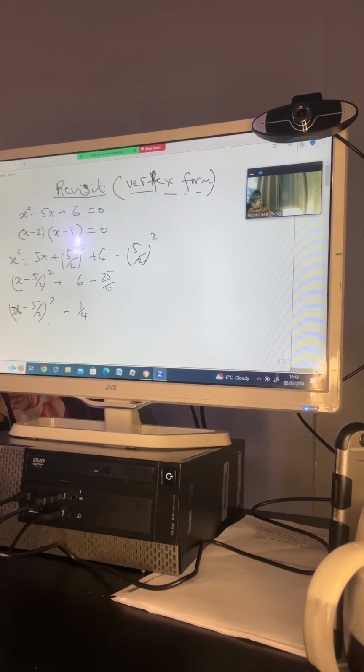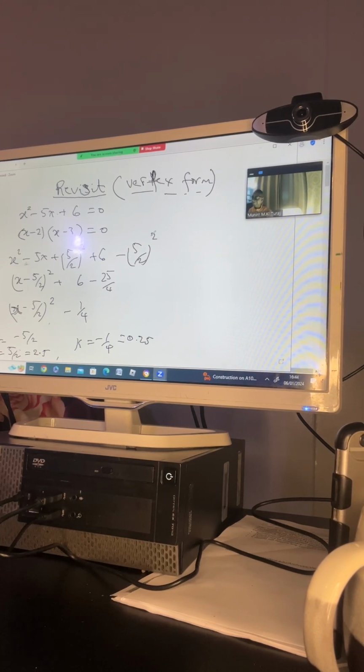What that means, your 5 over 2 here, you have minus h equals minus 5 over 2. Therefore, the minuses will cancel. You will have h equals 5 over 2, which is 2.5. And now this one here, you have k equals minus 1/4, which is minus 0.25.